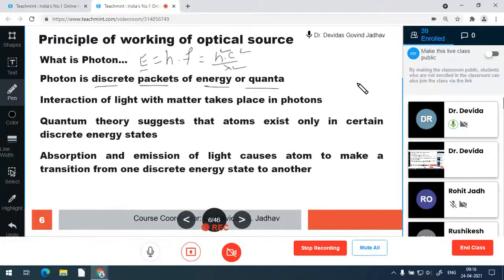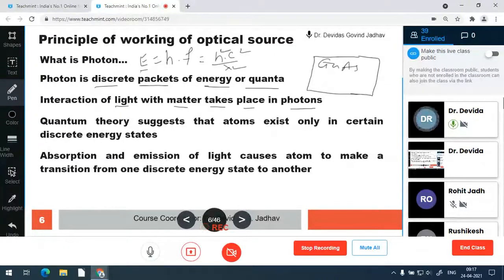So interaction of light with matter takes place in photons. Photons or light interact with matter. Matter here is semiconductor material, such as gallium arsenide.